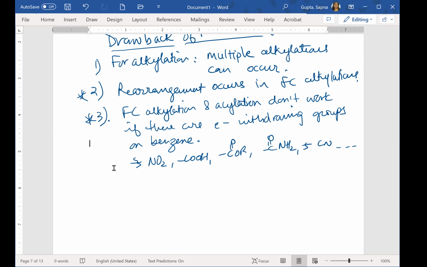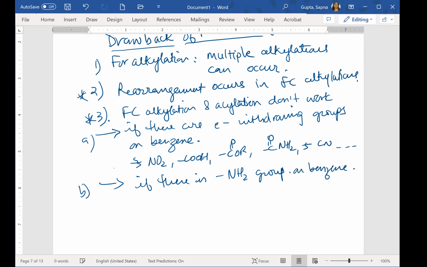So they don't work if there are electron withdrawing groups, and B, if there is an NH2 group on the benzene ring. NH2 on a benzene ring is aniline. So aniline will not do Friedel-Crafts alkylation or acylation.